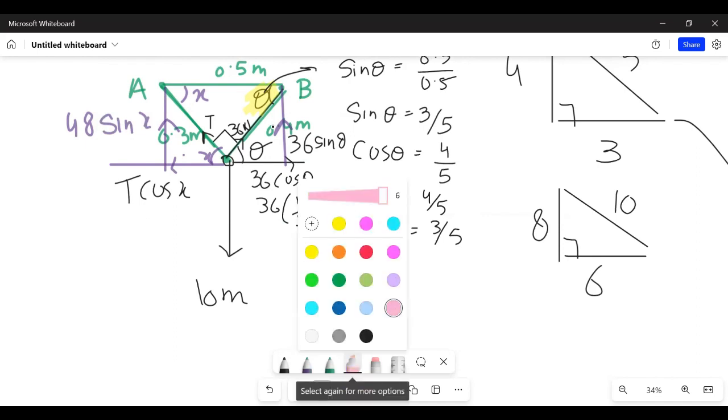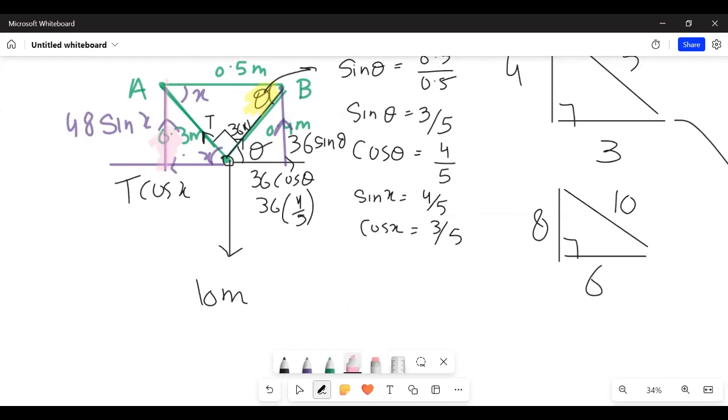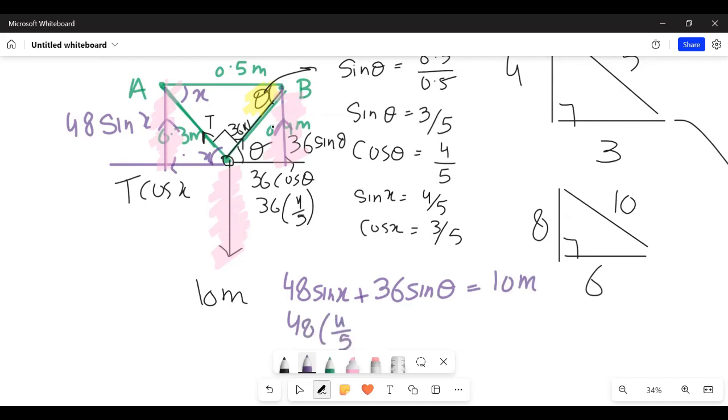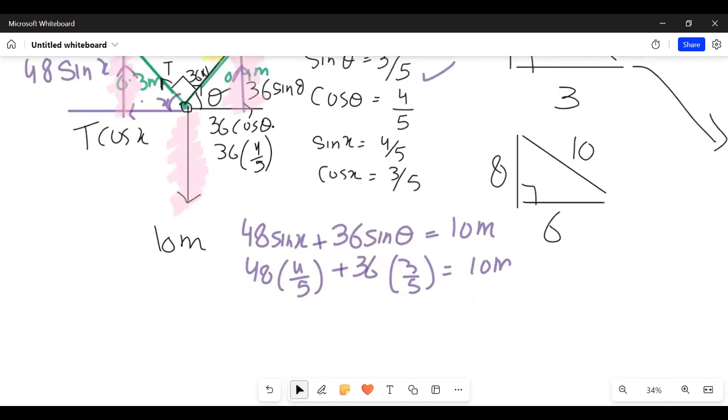So now we're going to equate the vertical forces. This force plus this force equals this force. So 48 sine x plus 36 sine theta equals 10M. 48 times sine x, which is 4/5, plus 36 times sine theta, which is 3/5, equals 10M. Please find M from here.